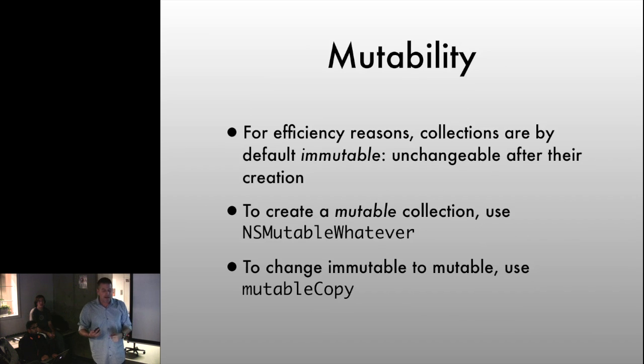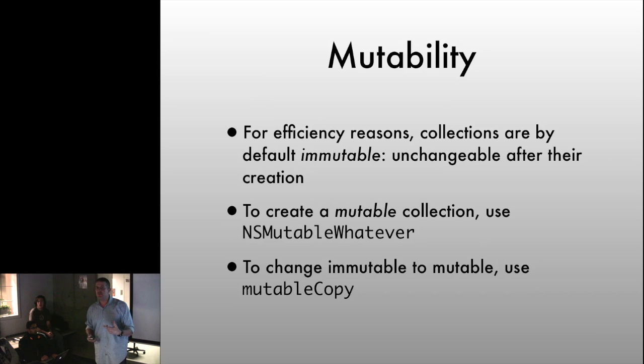So, mutability. For reasons of efficiency, which should be pretty obvious to people that have used multiple languages that have mutable and immutable types, especially Python and Scheme. Immutable is the default. Objects are created once, and you can't change their contents. You can create a collection of mutable objects.